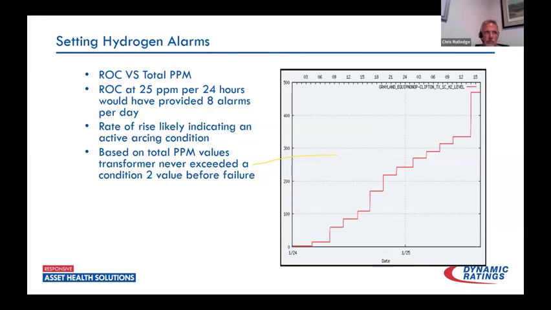So if we're setting those alarms to come in based on those type of values, we're really not taking advantage of the technology as well as we could. So my recommendation has always been rate of change. I do a lot of breaker work, and almost all the alarming I do is equipment compared to itself.